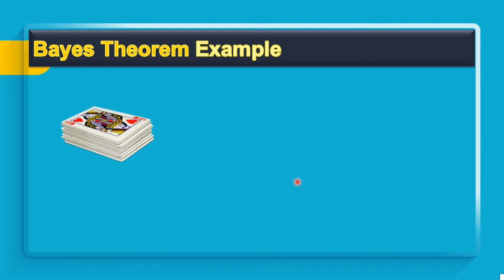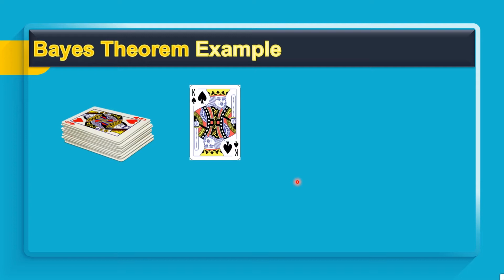So suppose I have a deck of cards, and if a single card is drawn from the deck of playing cards, the probability of the card being a king is 4 by 52, since there are 4 kings in a standard deck of 52 cards.